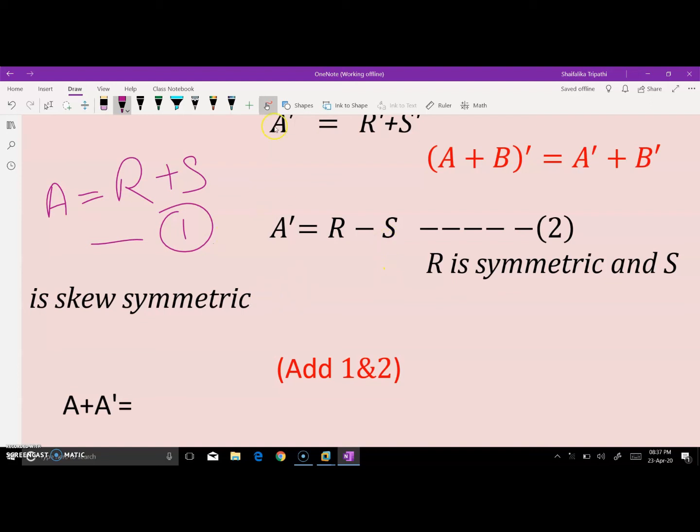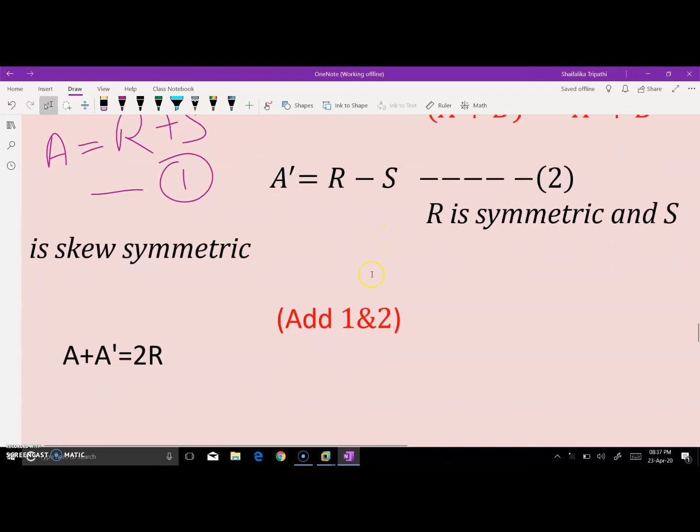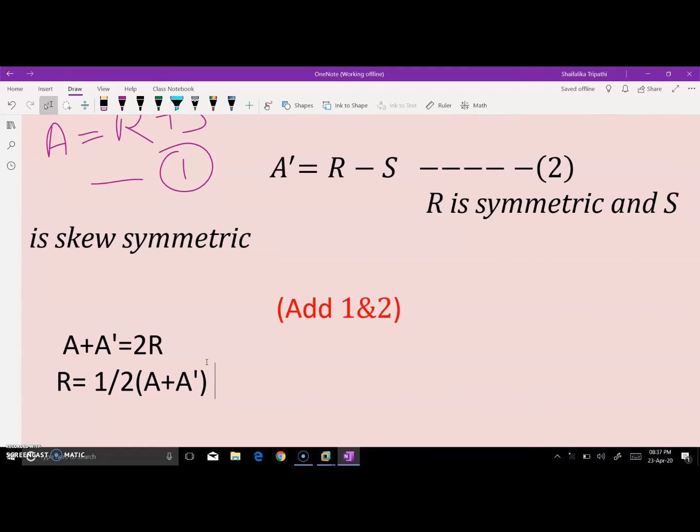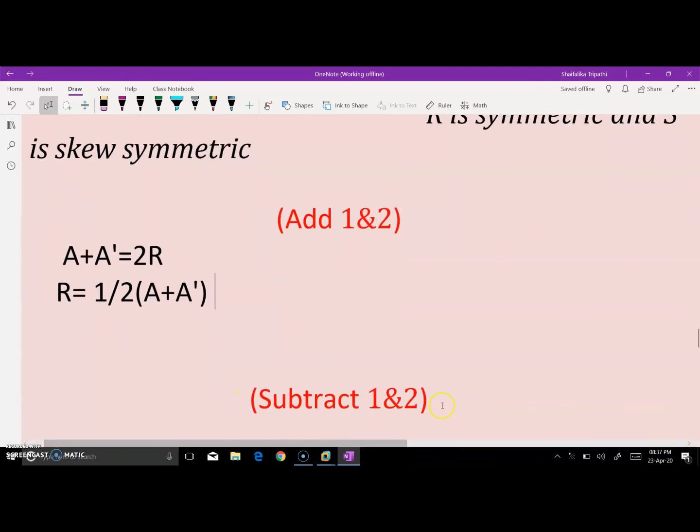Now this is easy for you. When you add both, left hand side plus left hand side, that is A plus A transpose, is equal to R plus R, that is 2R, and plus S minus S, that will be cancelled. Now we can find R from here: R is equal to 1 by 2 (A plus transpose of A), right?